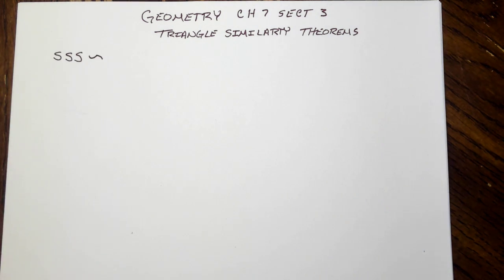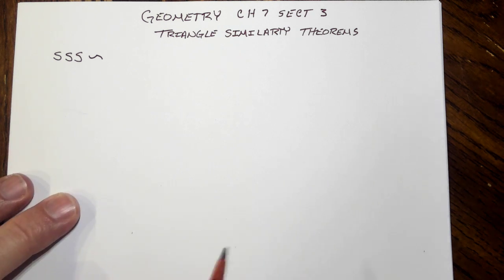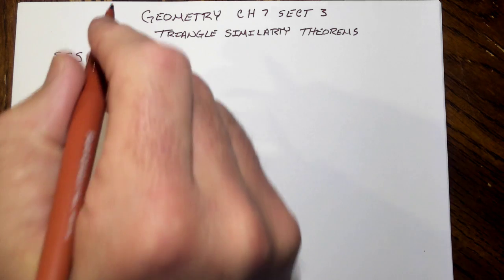And for side-side-side similarity, all three pairs of corresponding sides are proportional.